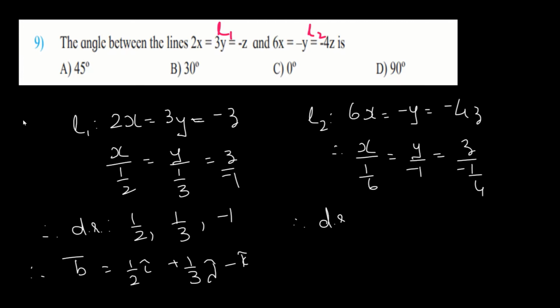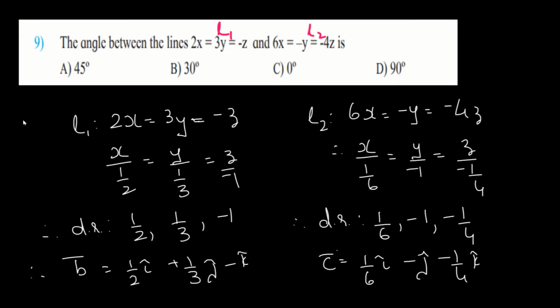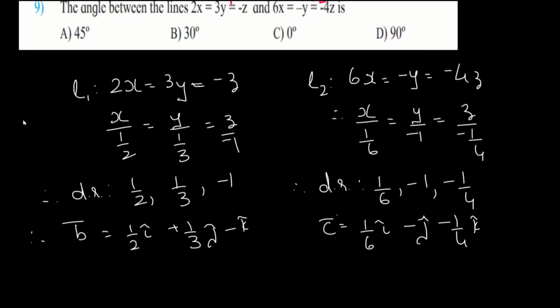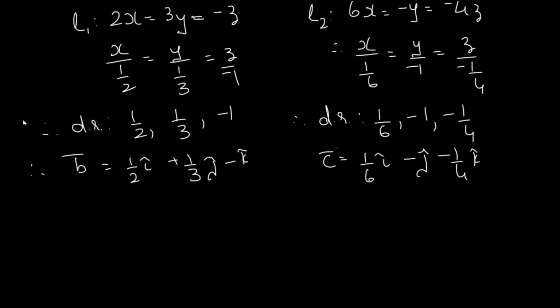And therefore, the direction ratios of this line become 1 upon 6, minus 1 and minus 1 upon 4, and any vector which is parallel to this line can be given by, say, c bar is equal to 1 upon 6 i minus j minus 1 upon 4 k. Now, once we have got the vectors which are parallel to both the lines, suppose we find the angle between B and C. It is as good as finding the angle between the two lines.